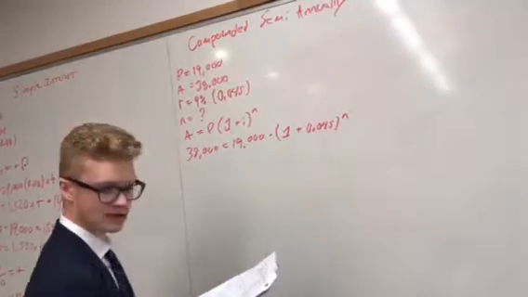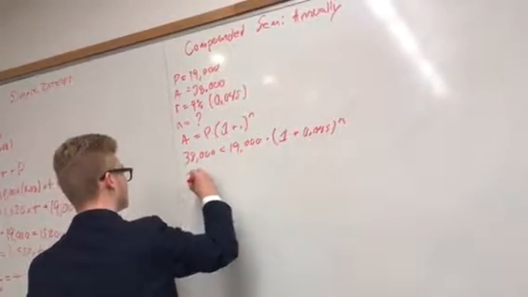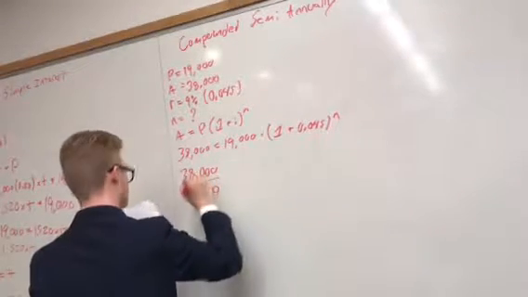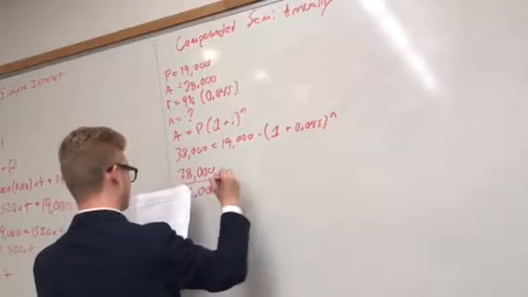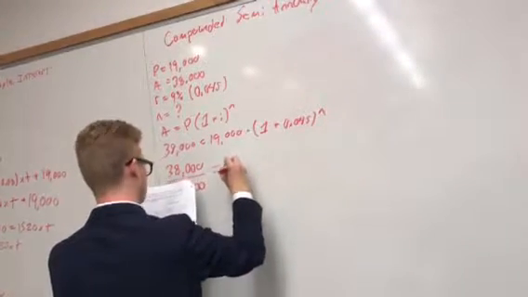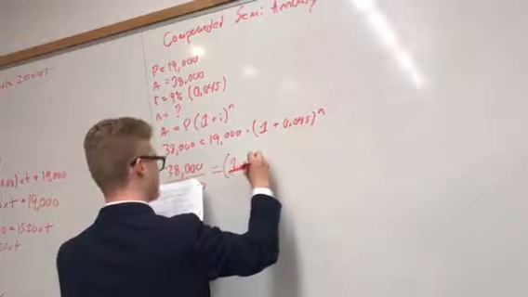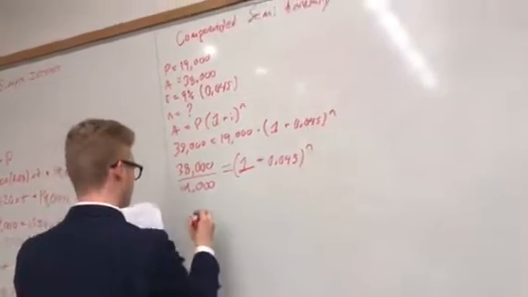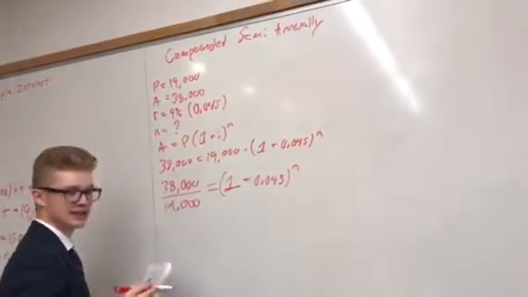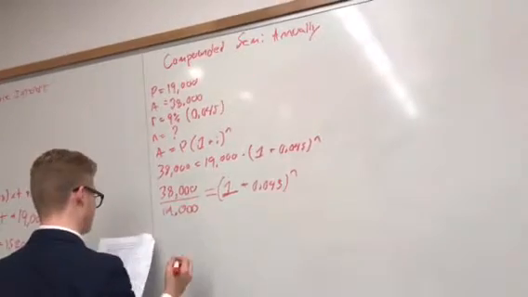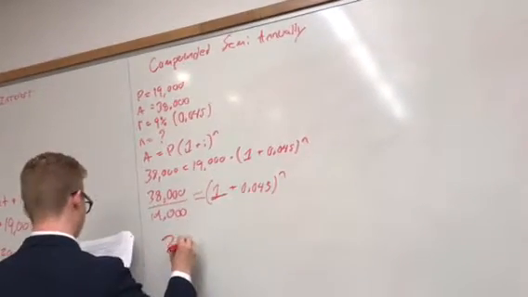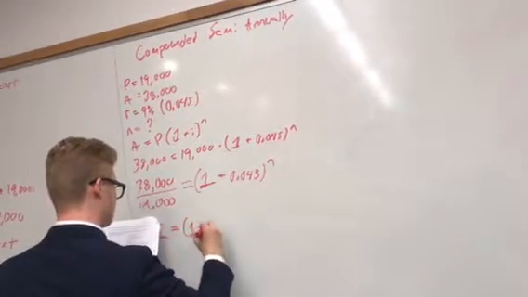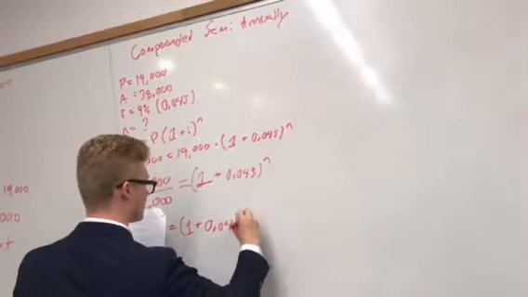So that's what we'll do. 38,000 divided by 19,000, and that's going to equal what's remaining in this. So we're going to have 1 plus 0.045, and then to the power of n. And so the answer to this is 2, because 19 times 2 is 38, so the opposite would be division. So then 2 equals what we have remaining here, 1 plus 0.045, again to the power of n.